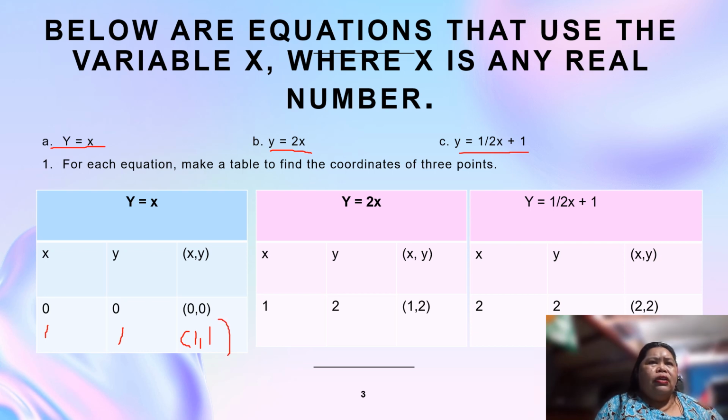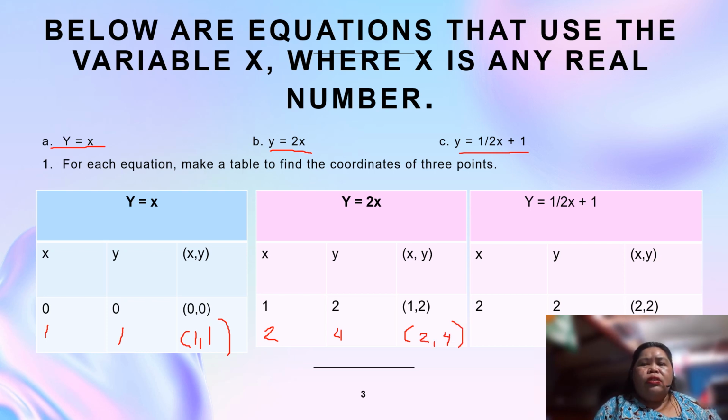Now here also, if x is 1, then 2 times 1 is equal to 2, so therefore 1, 2 is the ordered pair. Then if x is 2, therefore 2 times 2 is equal to 4, so y is equal to 4. Therefore your ordered pair is 2 and 4.